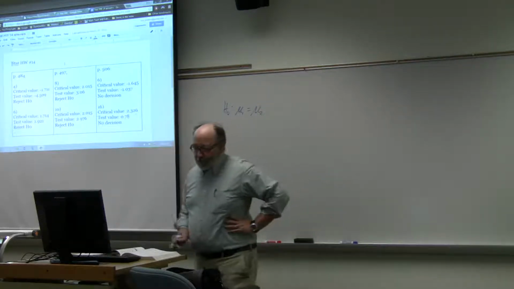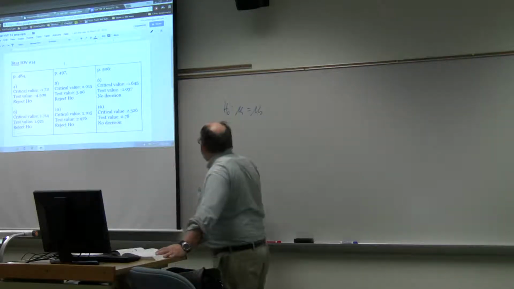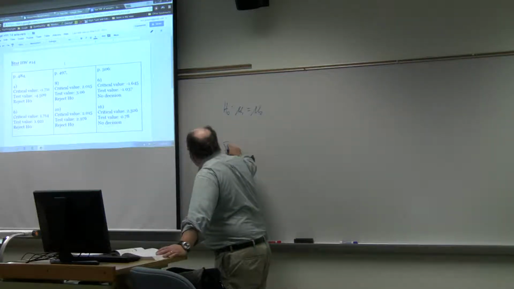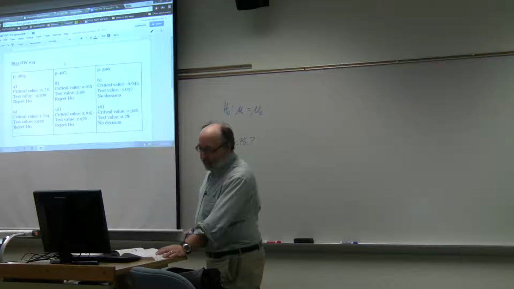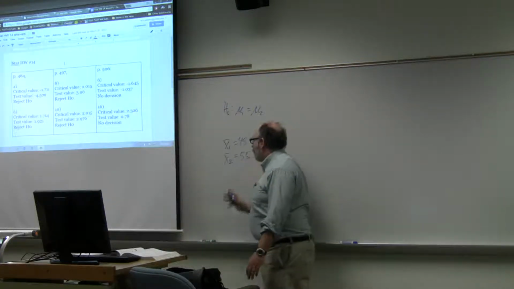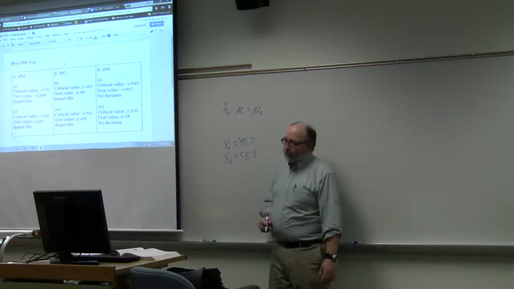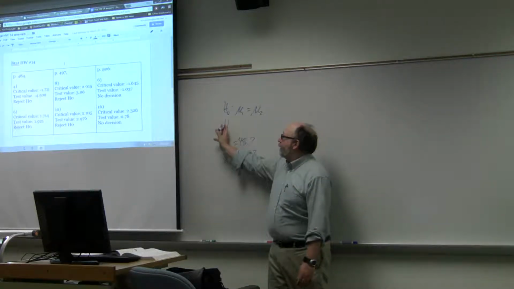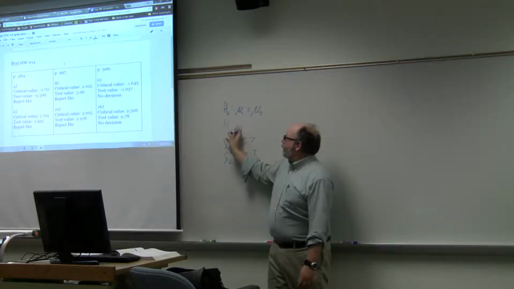X bar 1 is 48.7, and X bar 2 is 55.3. Okay. So then what's your alternative hypothesis, Lee? Mu1 is less than mu2.